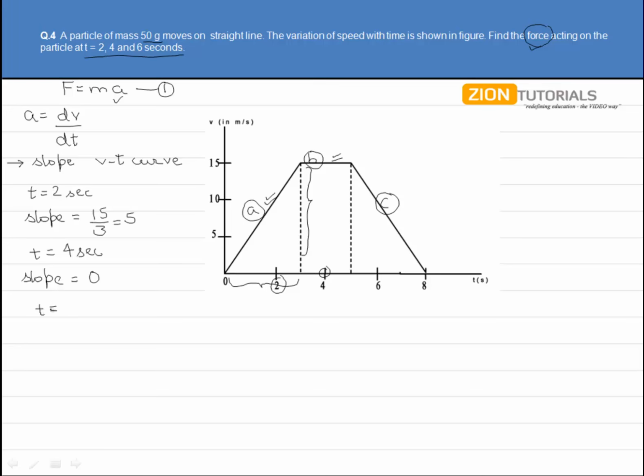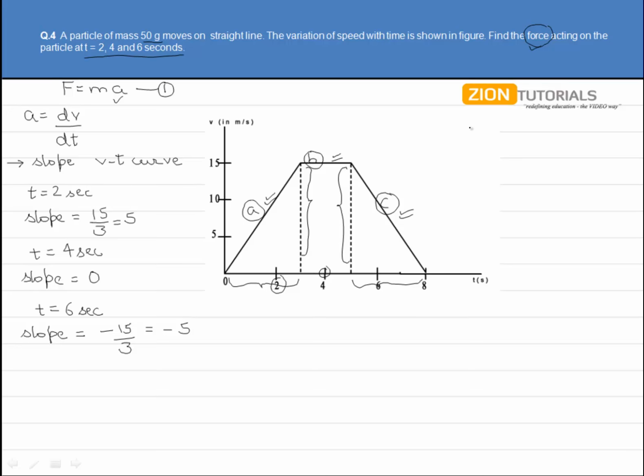Similarly at t equals 6 seconds, from the graph we can say that the particle is following the C curve. So, finding the slope of the curve, we get minus 15 over 3. 15 we got from here and 3 as the time period this. That equals minus 5 meter per second square.